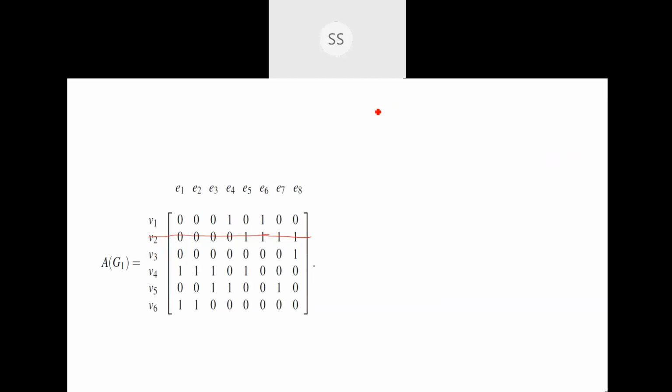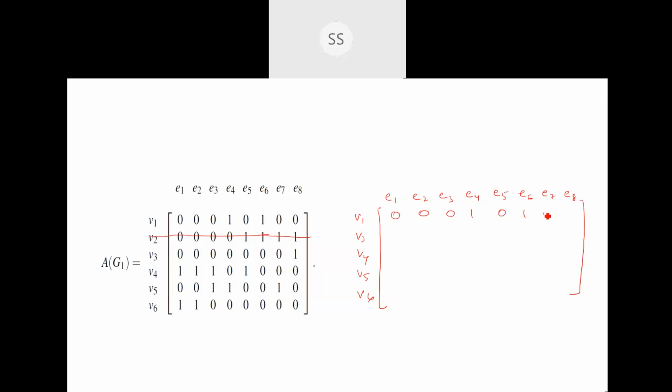I have removed it. So what do I get as my resultant matrix? I get V1, V3, V4, V5 and V6, and this is called the reduced incidence matrix, which will have the same edges E1, E2, E3, E4, E5, E6, E7 and E8. So I'll write it as 0, 0, 0.